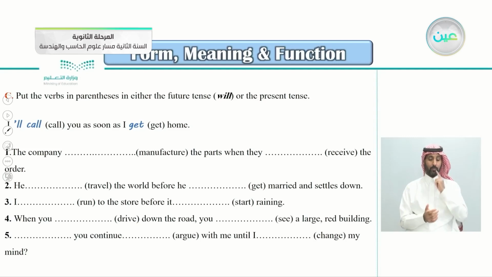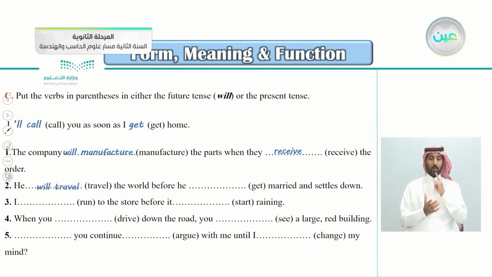So the company, yes, will manufacture the parts when they, yes, use the same verb, when they receive the order. Very good. Number two, he travel the world before he get married and settles down. Let's see the answers here.